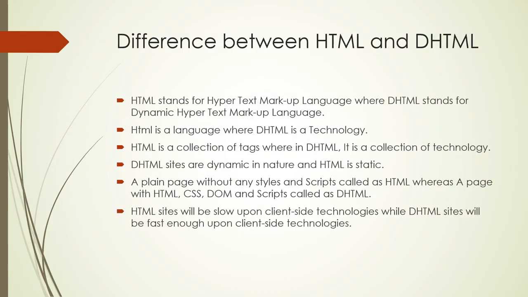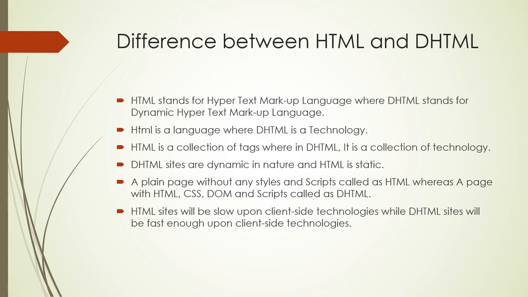What is the difference between HTML and DHTML? As you know, HTML is hypertext markup language, and DHTML is dynamic hypertext markup language. HTML is a language, and DHTML is a technology. HTML is a collection of tags and DHTML is a collection of technologies.